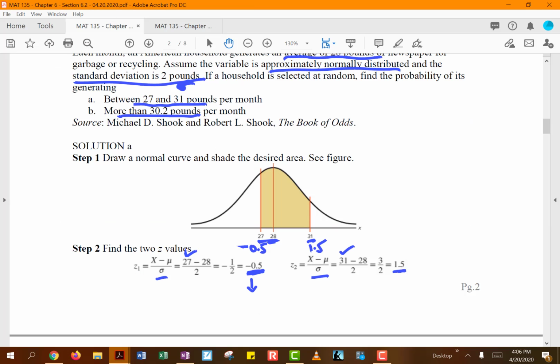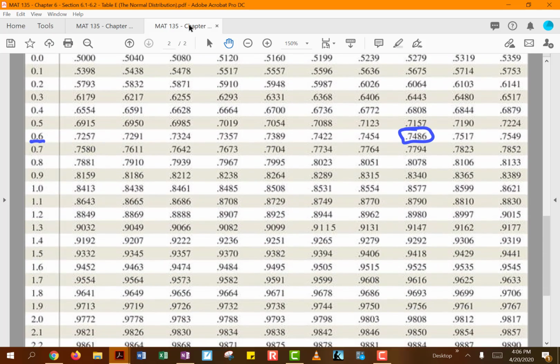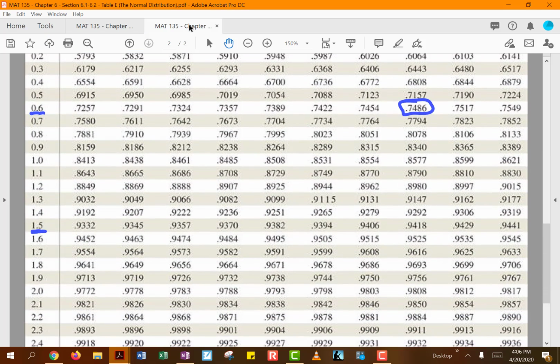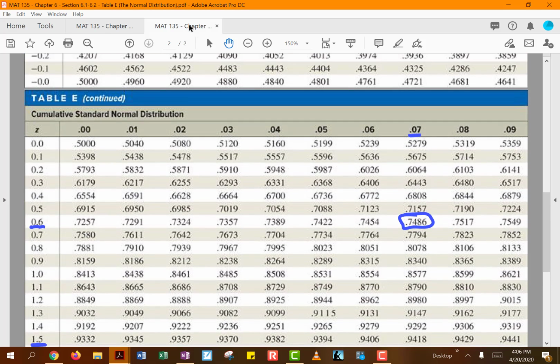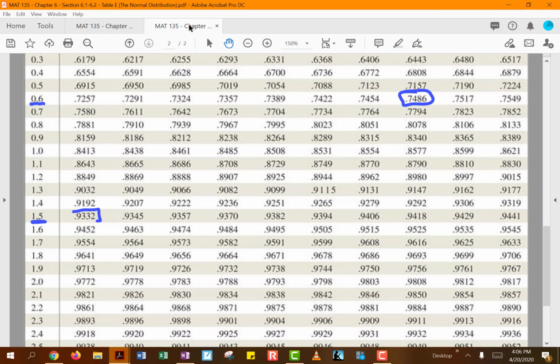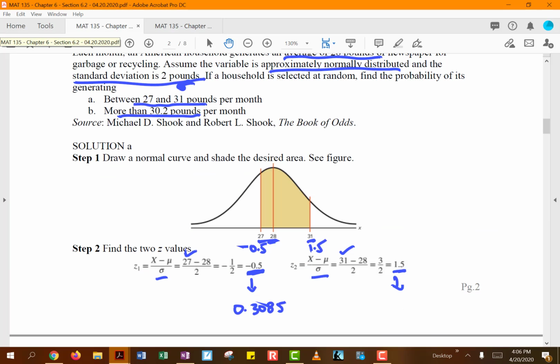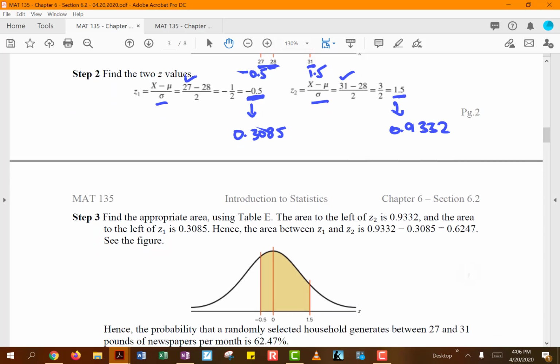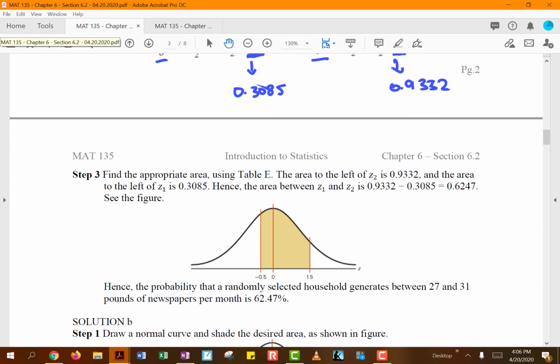Okay, so this guy will correspond to 0.3085, and then for our positive 1.5, of course, we'll need to go down here, and again, no more decimals after that, so you're looking at the 0 column. So this, of course, corresponds to 0.9332. And of course, you will be able to see those values over here in this step 3.